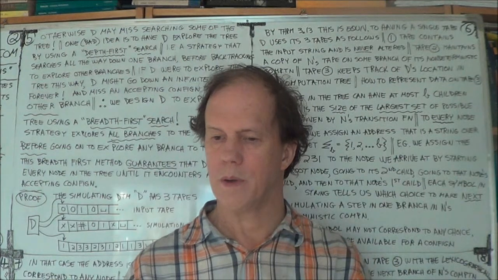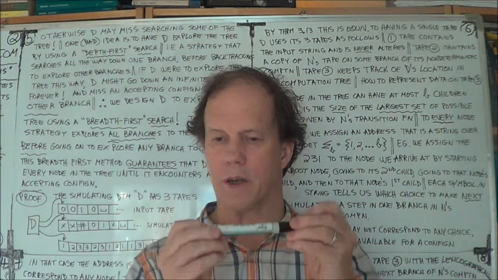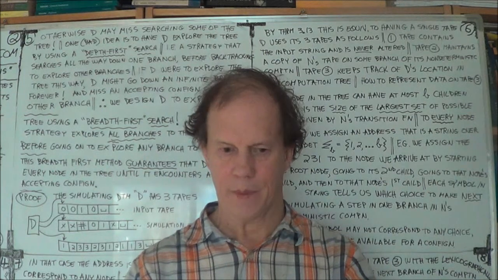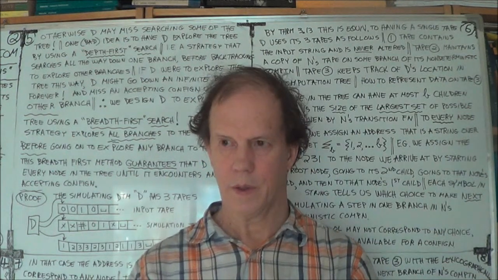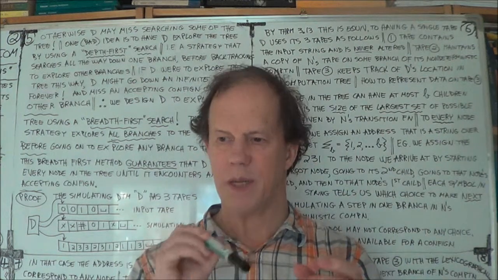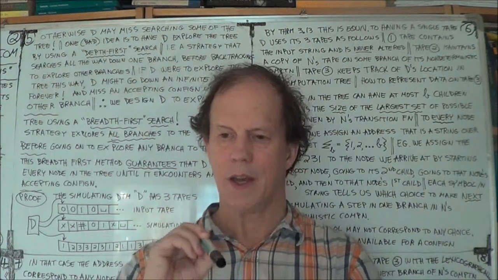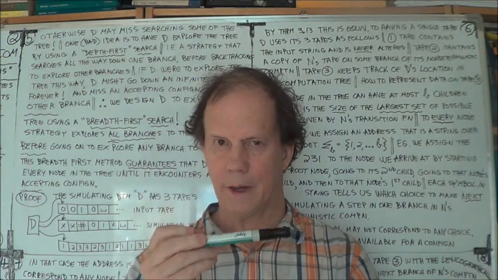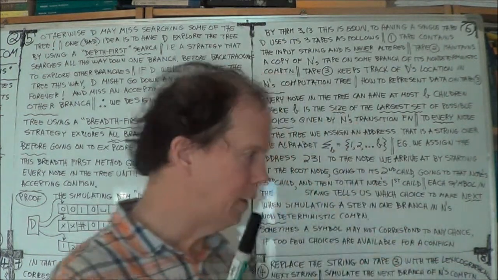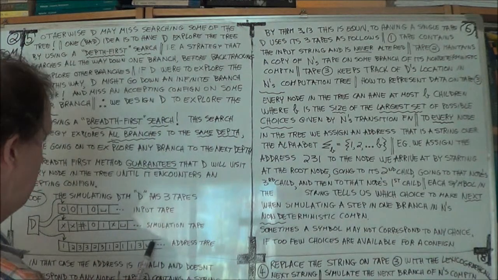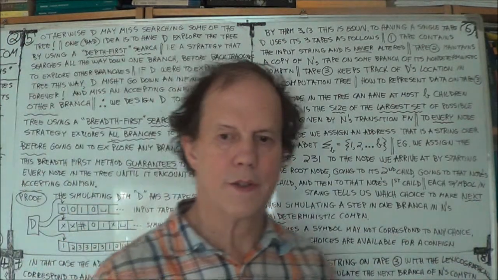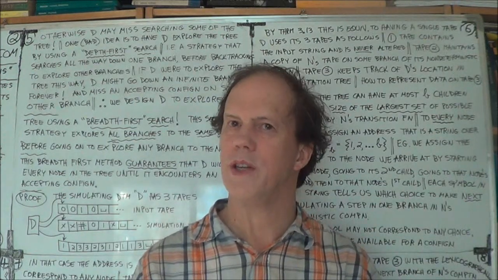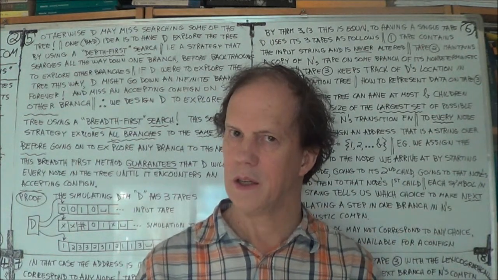Tape 2 contains the configuration at a particular node, that particular node in that branch's configuration at that moment. And the third tape contains the address of that node in the tree.